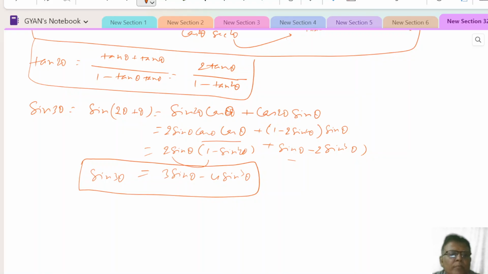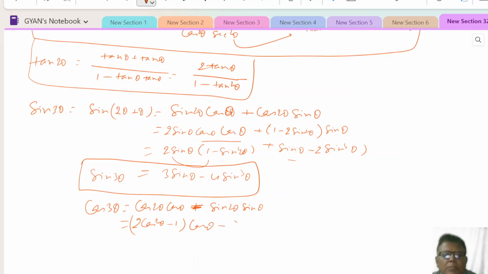Now come to cos 3 theta. So cos 3 theta is equal to cos 2 theta into cos theta, no, minus sin 2 theta into sin theta. So this will be (2 cos square theta minus 1) into cos theta minus 2 sin theta into cos theta into sin theta.